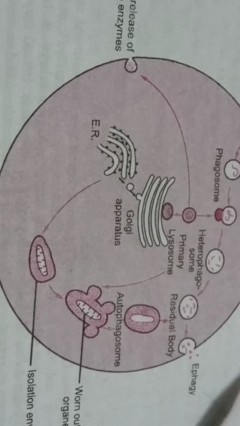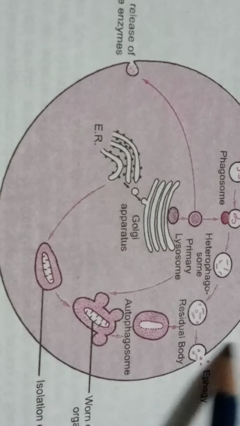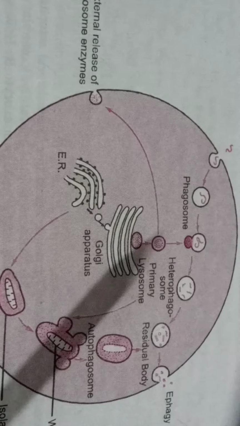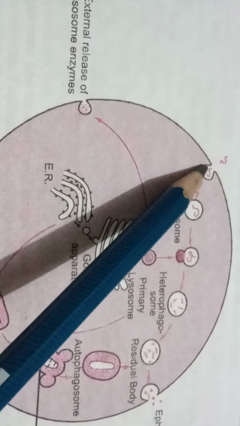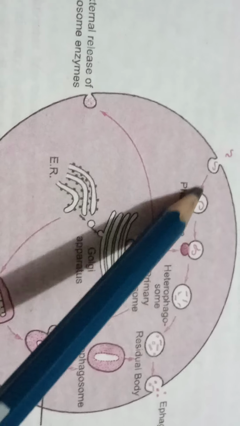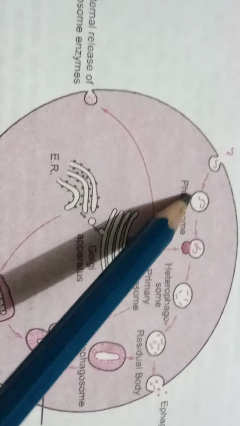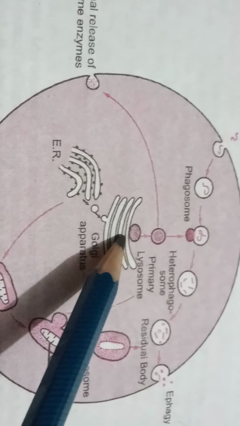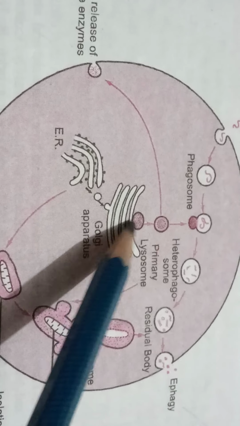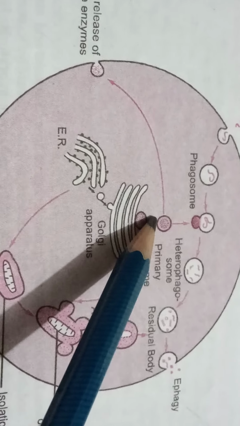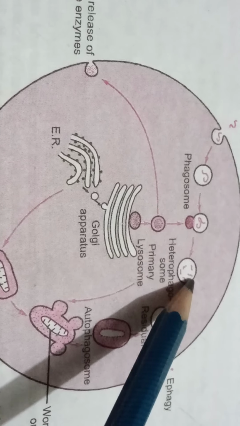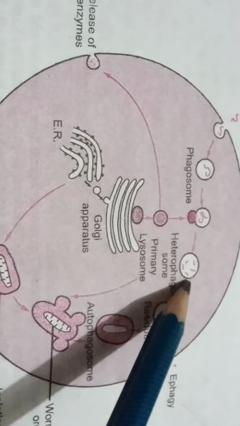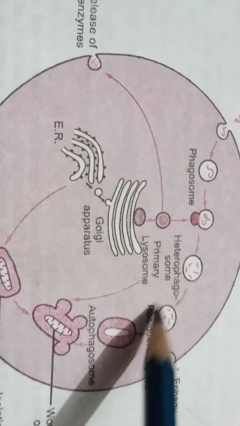As we are repeatedly telling, you can see here in the diagram itself, the substances are entering, food particles, phagosomes are capturing them. Then from the Golgi body, primary lysosomes are produced. Then they form secondary lysosomes. They will digest the parts of the food.